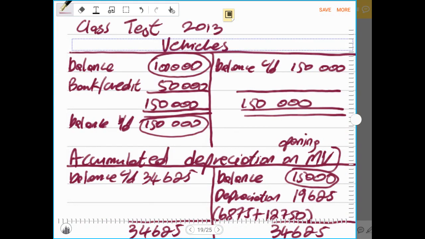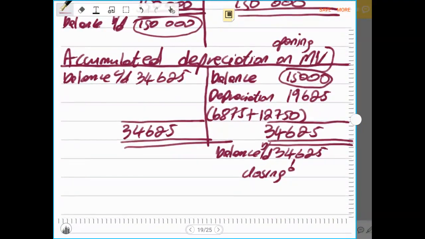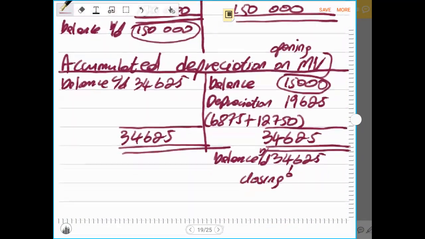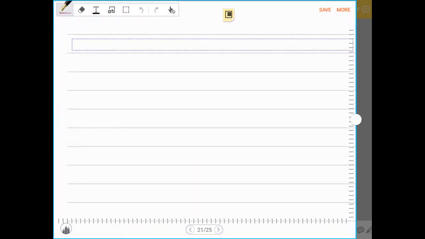So now I'll be recording every journal entry that was required. Let me go to another blank page where I can do the general journal.